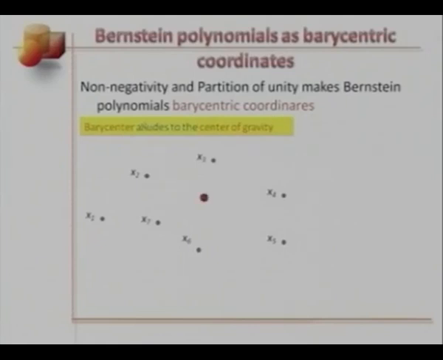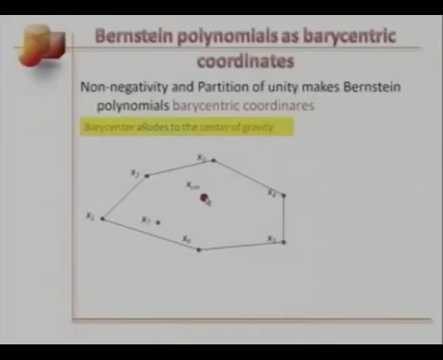That would be somewhere shown by the red dot over here, x_cm, the coordinate of the center of mass. We also know via geometry that this center of mass would lie within the convex hull defined by these points. So the red dot will never be outside this convex polygon here.